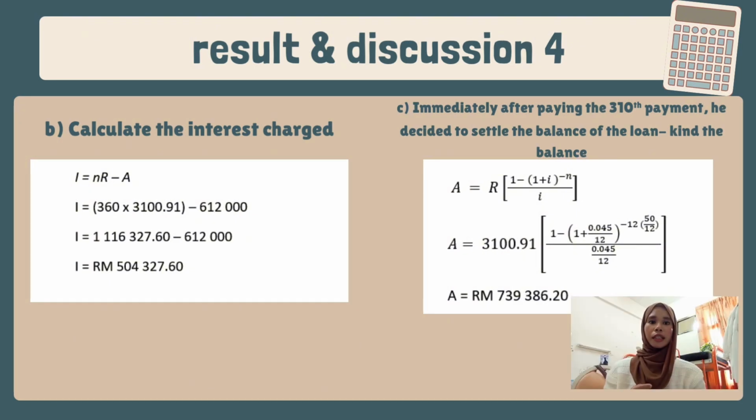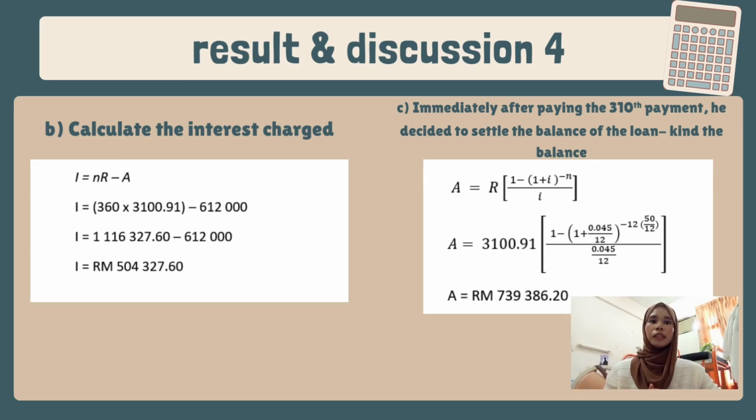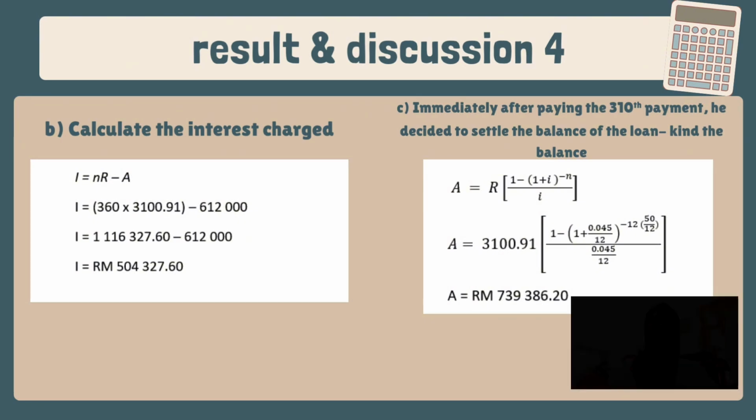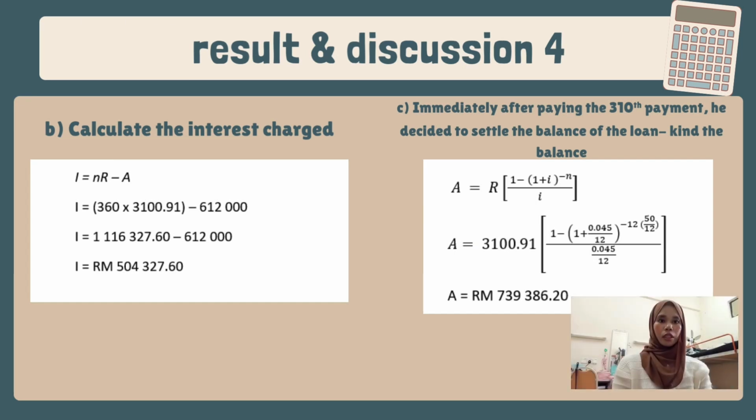For R, we already found it in question A. We solve the value in the bracket first, and the answer in the bracket is 1,116,327.60. And we minus 612,000. So the answer for I is RM 504,327.60.